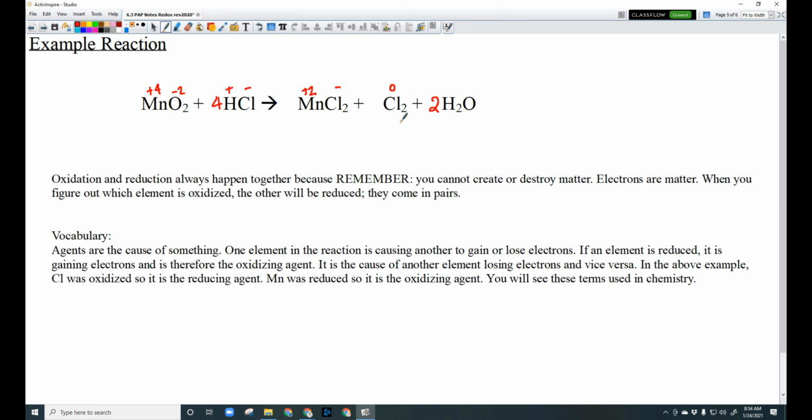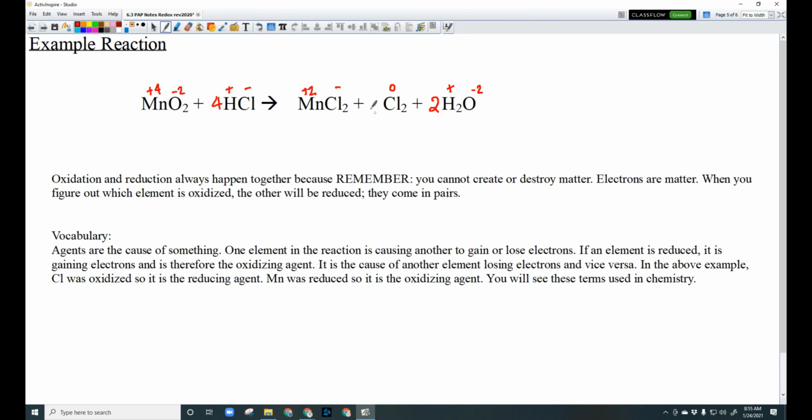Okay, I think that's rule number 1. So really, this is one that you had to remember. When it's by itself, it's always 0. All right, and then H2O, oxygen's -2 here. Okay, we have 2 hydrogens, so each hydrogen is a +1. All right, so we've gone through and we've assigned oxidation numbers, oxidation states to each one of these elements.